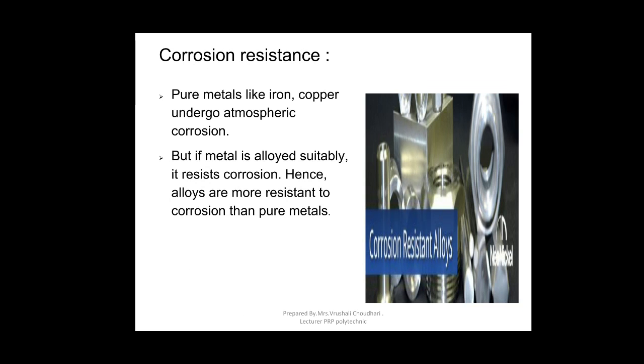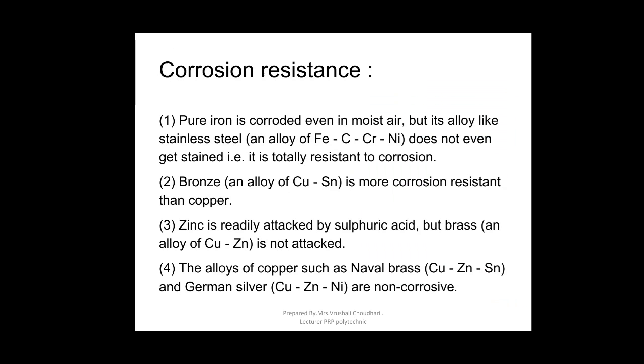So alloys are more corrosion resistant than pure metals. Stainless steel will not undergo corrosion while iron metal does. Pure iron corrodes in moisture, but the alloy stainless steel, a mixture of iron, carbon, chromium, and nickel, does not get stained or undergo corrosion. Bronze, an alloy of copper and tin, is more corrosion resistant than copper.